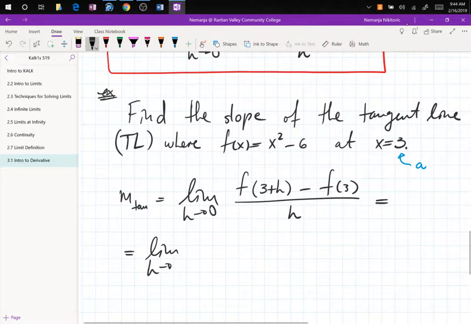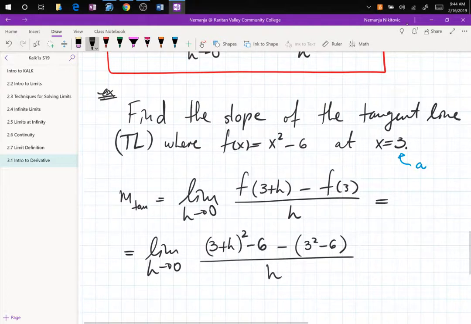Limit as h goes to 0. F of 3 plus h, well, that has to be 3 plus h squared minus 6. Right, the function composition basics. If you have x squared minus 6 and you're supposed to replace x with 3 plus h, so it's 3 plus h squared minus 6 minus 3 squared minus 6 when you plug in 3, divided by h.